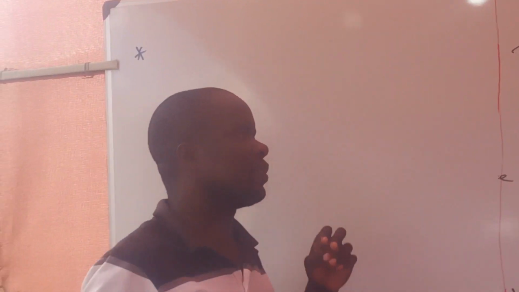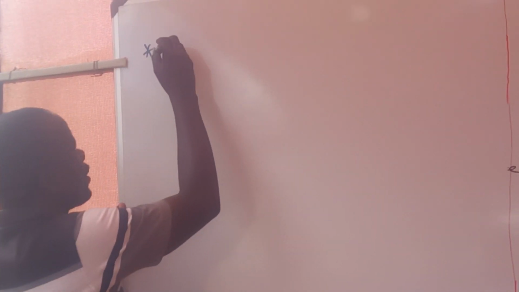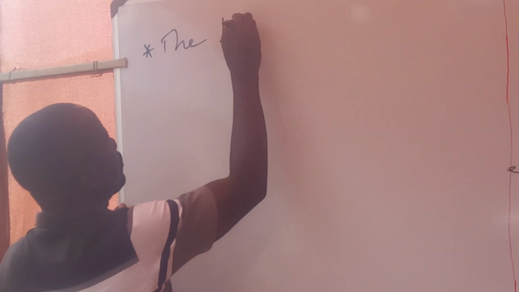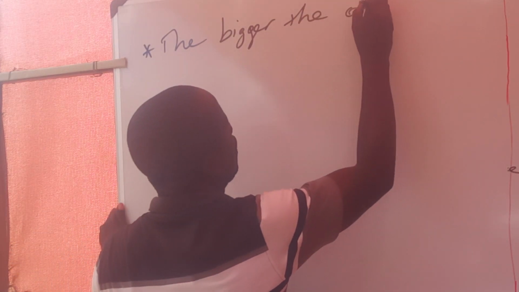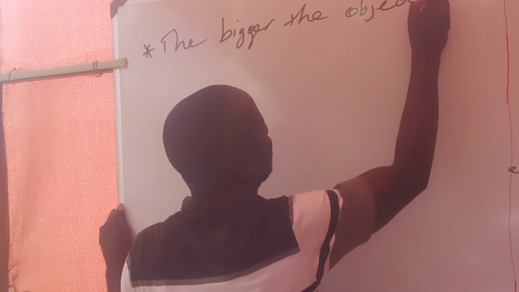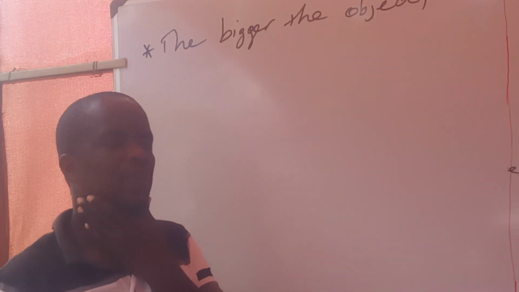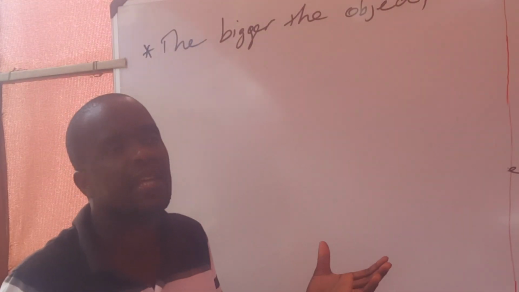Now, I want us to take it even further as we look at this particular relationship. The bigger the object, right? What does this mean now? The bigger the object, the bigger the mass. That's obvious, isn't it?